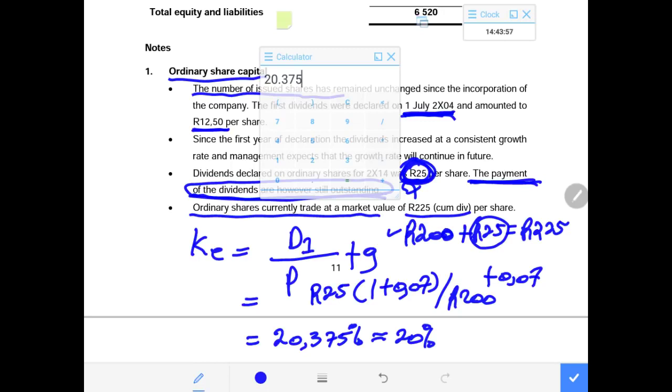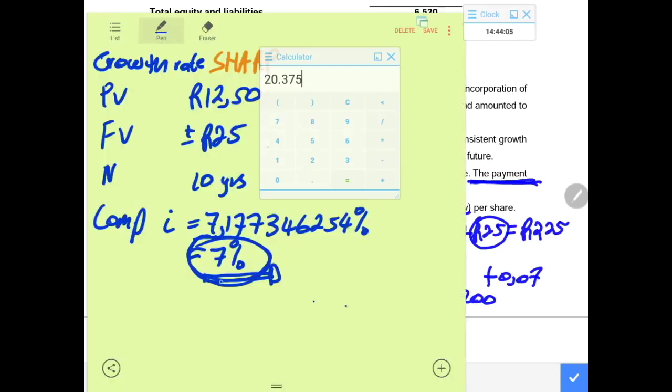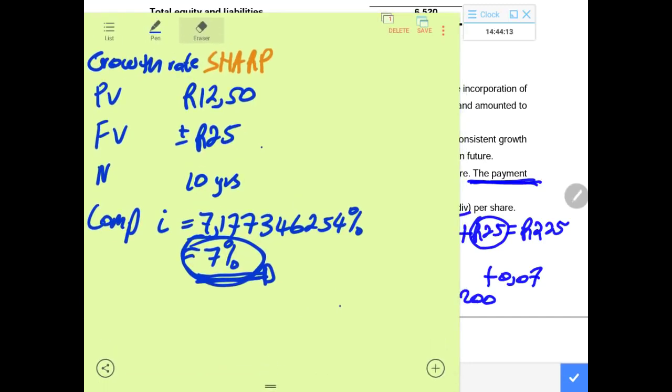So in this case, we have to calculate the cost of equity using the formula, also taking into account the growth rate which was given to us. It is very important to take note of this question because there were quite a number of things that we have to take into account before we do our calculations.